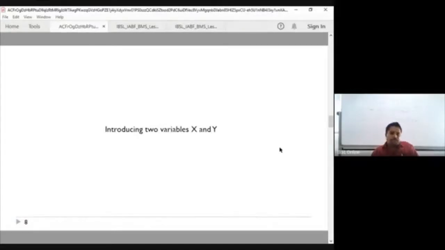So from this point onwards, we are going to discuss what will happen in a data set that has two variables. What do you mean by a variable? An indicator or a value which varies with the respective measurement of the weight.